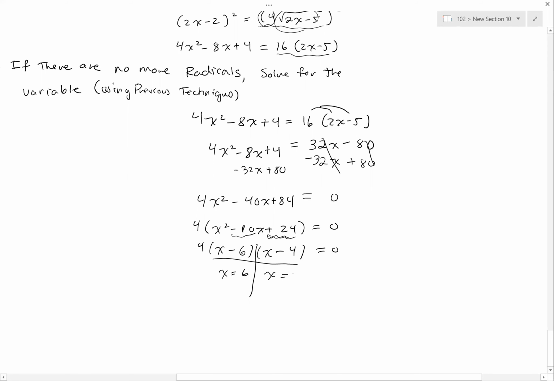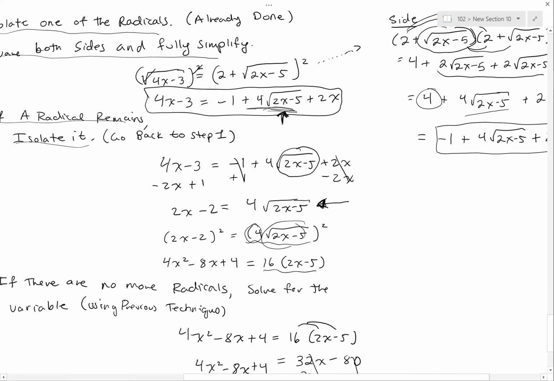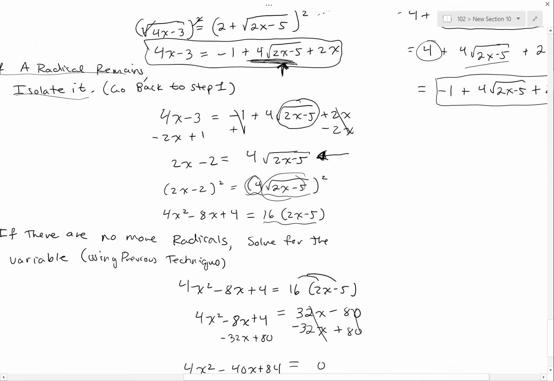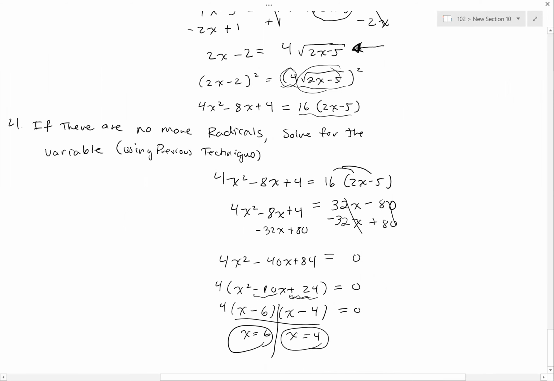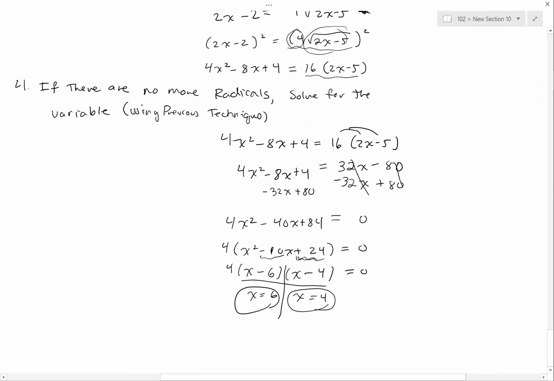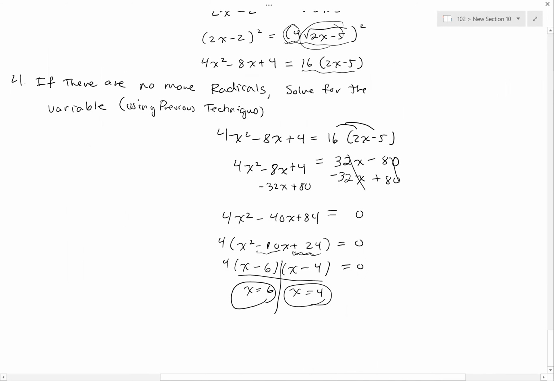If a radical remains, we have to isolate it and then square both sides again. So in this case, I had to isolate that radical that remained, and then I had to square both sides again until there was no more radical remaining. So in step 4, if there are no more radicals, we solve either directly for the variable, it could be a linear equation, or we might have to utilize factoring as in this case.